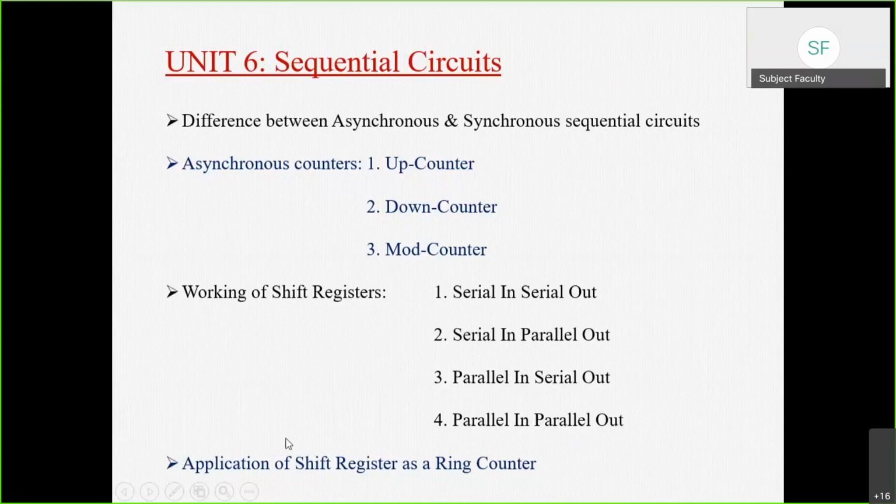And the last point of unit number 6 is application of shift register as a ring counter. So these are the contents, and this will also be the flow of our discussion. So let's get started with point number 1, that is the difference between asynchronous and synchronous sequential circuit.